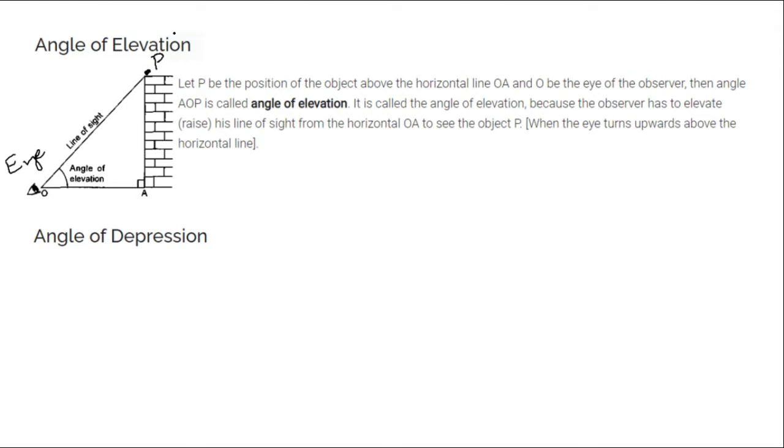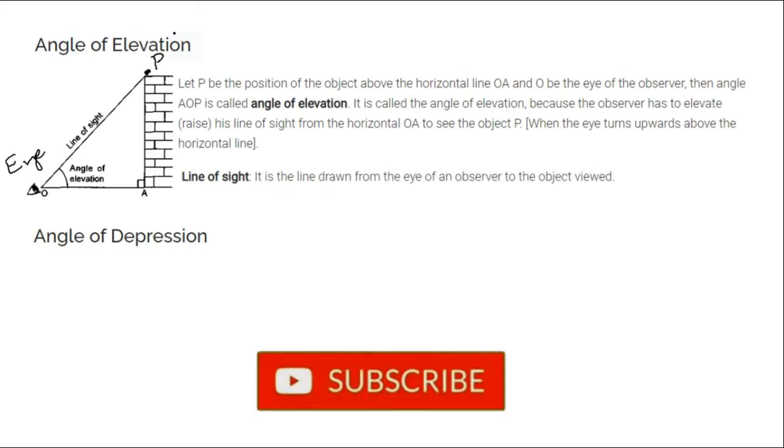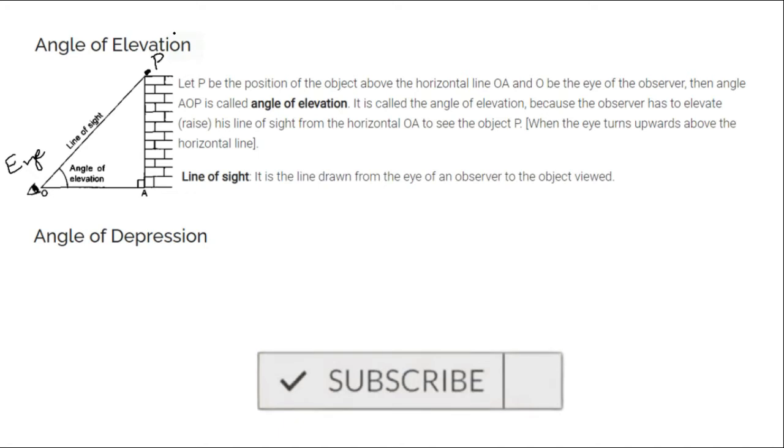It is called the angle of elevation because the observer has to elevate or raise his line of sight from horizontal OA to see the object P. When the eye turns upwards above the horizontal line, we get the angle of elevation. Line of sight is a line drawn from the eye of an observer to the object viewed.